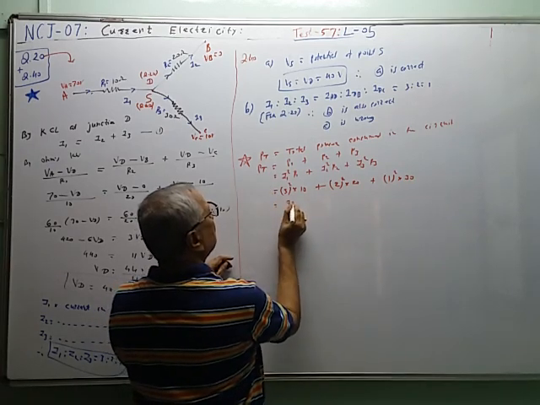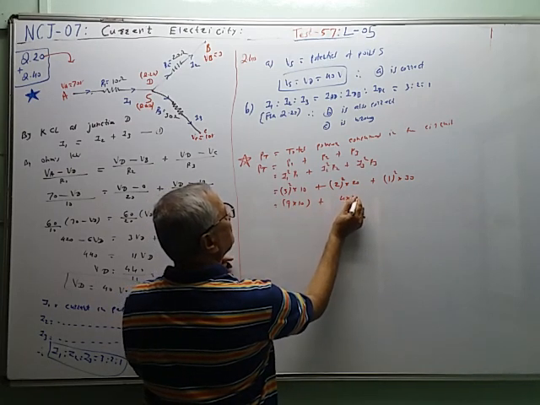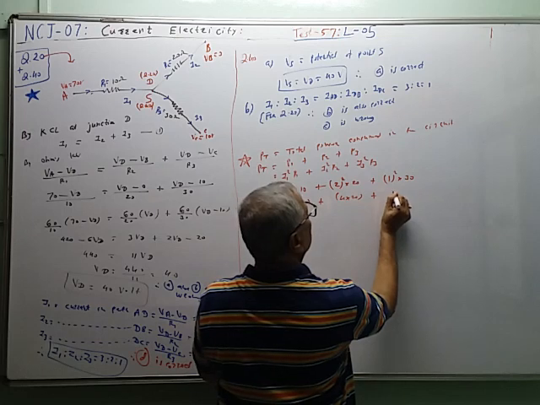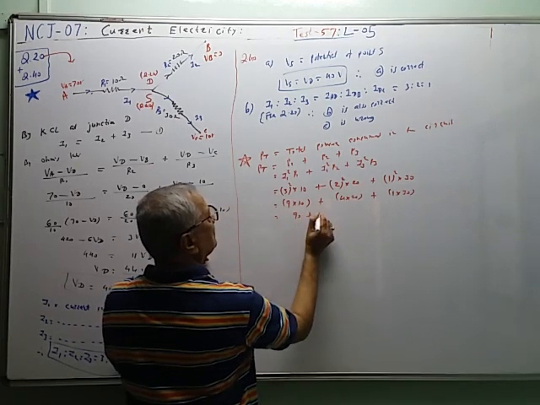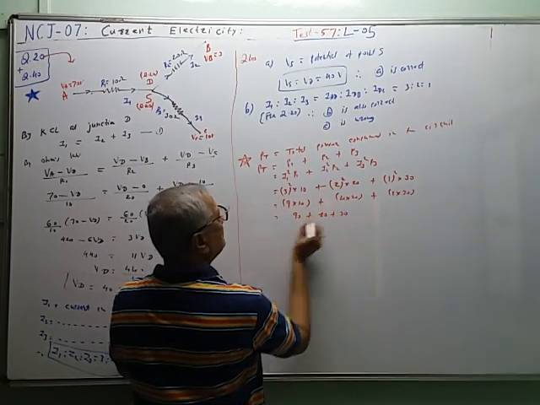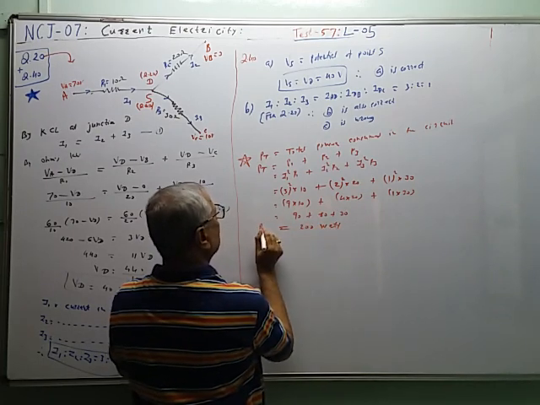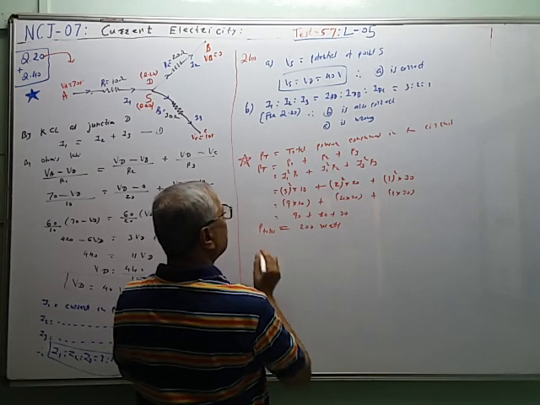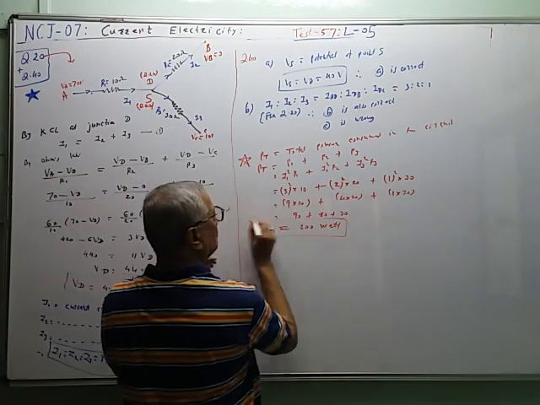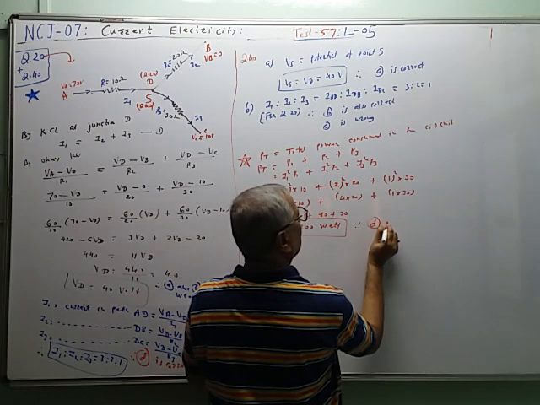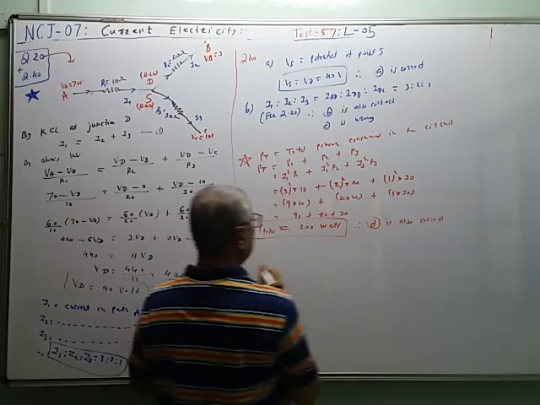So this is equal to 9 multiplied by 10 plus 4 multiplied by 20 plus 1 multiplied by 30. So this is equal to 90 plus 80 plus 30. So that is equal to 200 watt. So total power consumed in the circuit is equal to 200 watt. Therefore D is also correct.